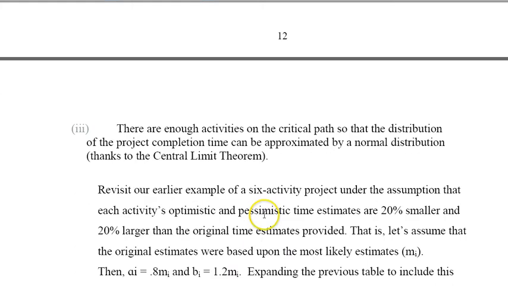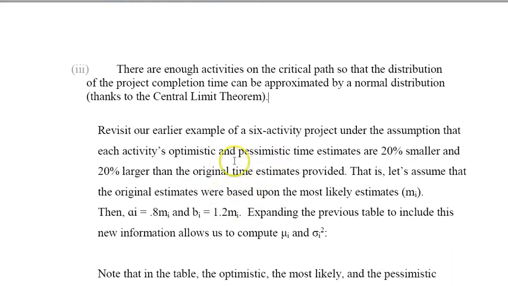So let's apply this to our example, and let's assume that the activities we had are the mode, the MIs, the most likely duration times, and let's assume the optimistic estimates are 20% smaller and the pessimistic are 20% larger than the duration times.